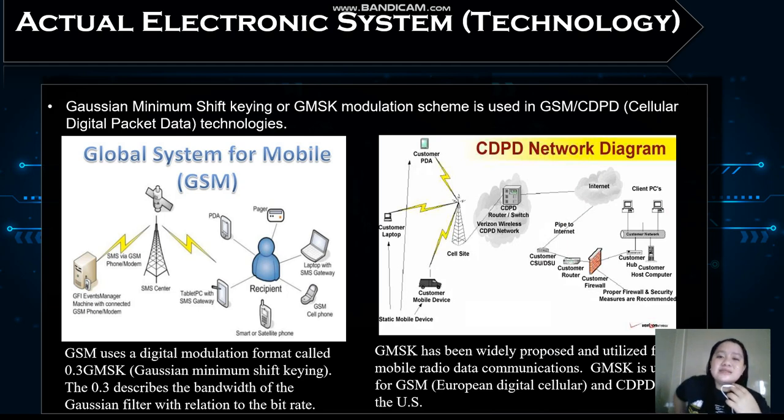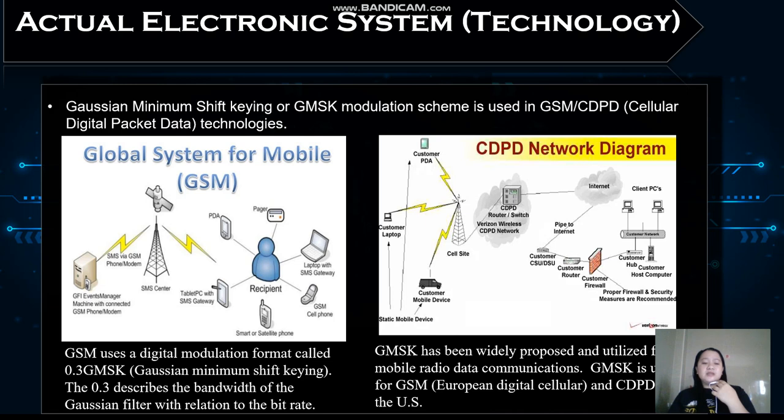Actual system technology. The Gaussian minimum shift keying, or GMSK, modulation scheme is used in GSM or CDPD technologies. As you can see here, GSM, the Global System for Mobile, uses a digital modulation format called 0.3 GMSK.